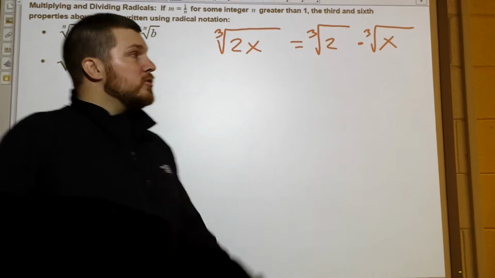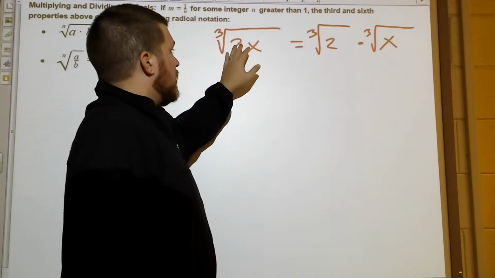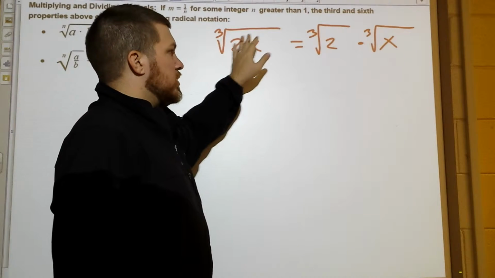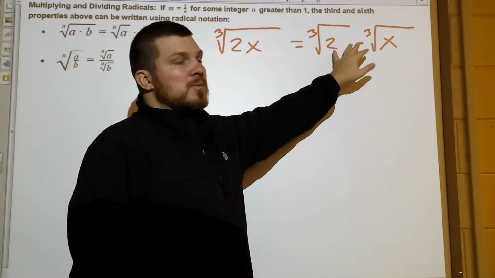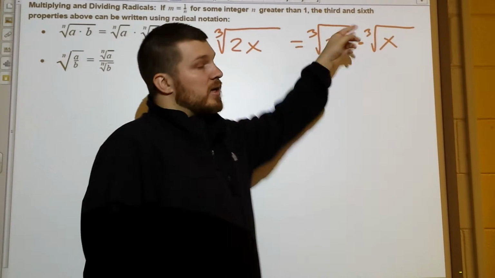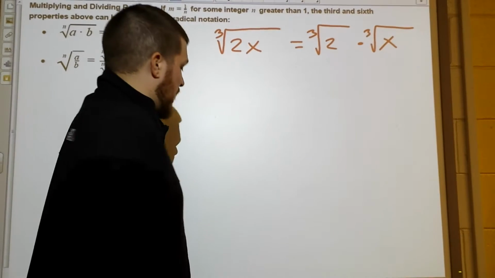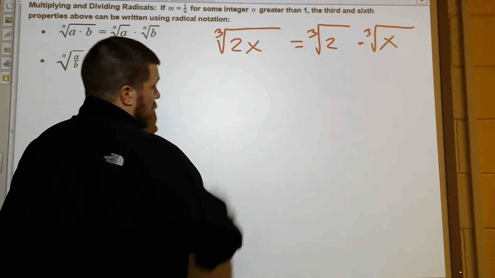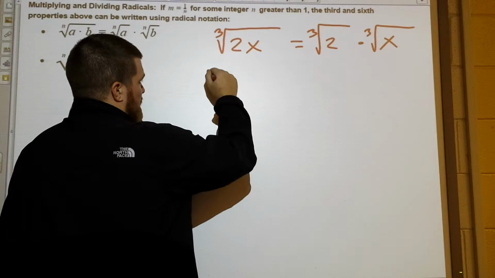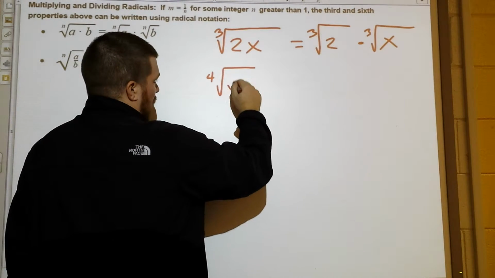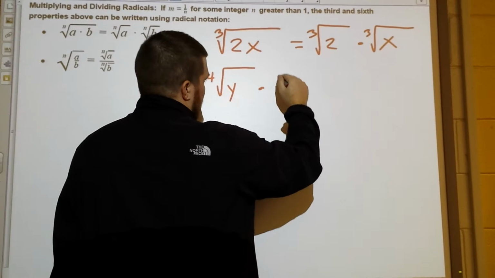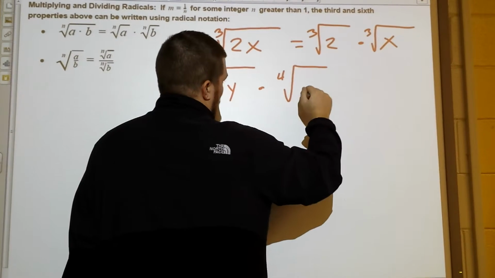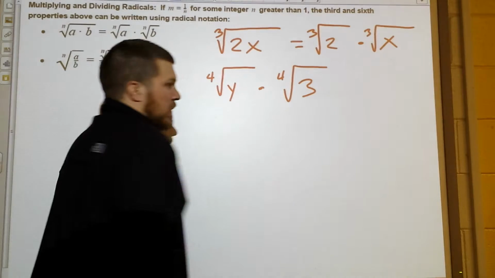So anytime you do that, you're multiplying underneath the same root. You can split it up into 2 separate roots by multiplication. Just keep the index the same. And it also works backwards. So for instance, let's suppose you have the fourth root of y times the fourth root of 3.